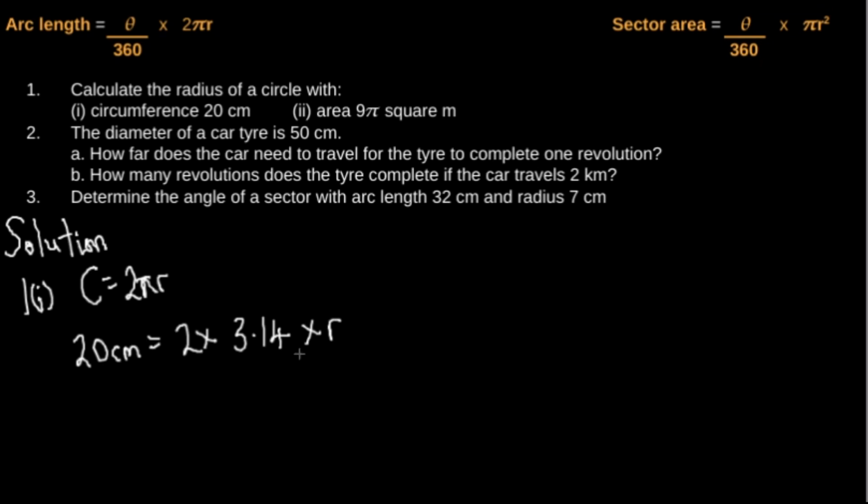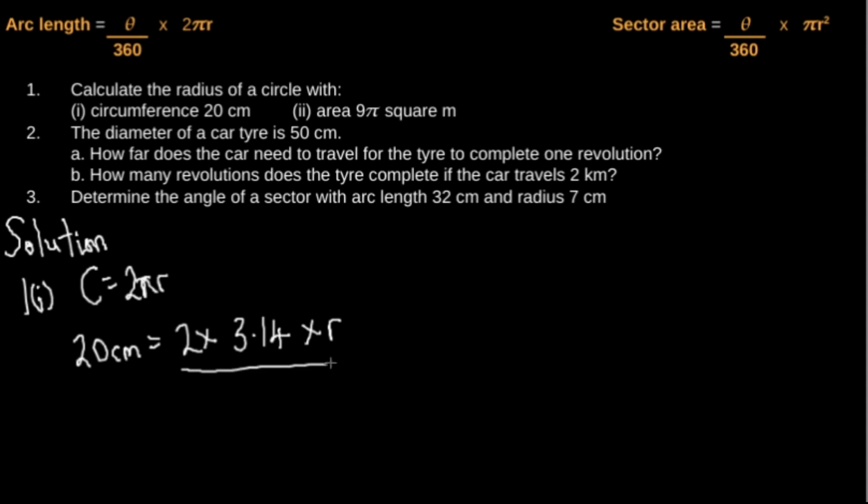And how do we do that? We remove everything attached to r. The operation attaching 2 and 3.14 to r is multiplication. To remove these numbers, we carry out the opposite operation of multiplication, which is division, the inverse operation.